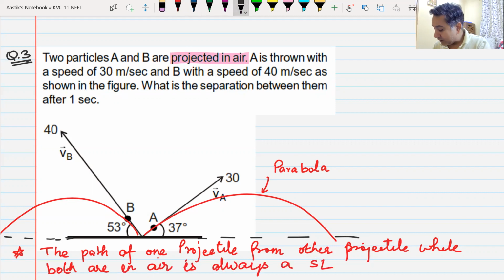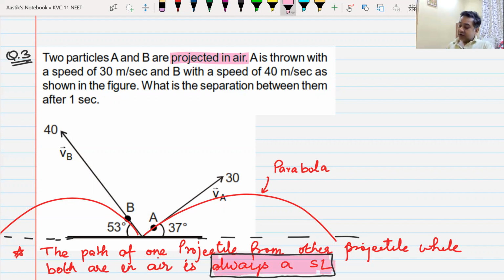If you are looking at one projectile from another projectile, when both of these projectiles are in air, the path the second projectile looks to the first one, or the first one looks to the second one, is always a straight line.